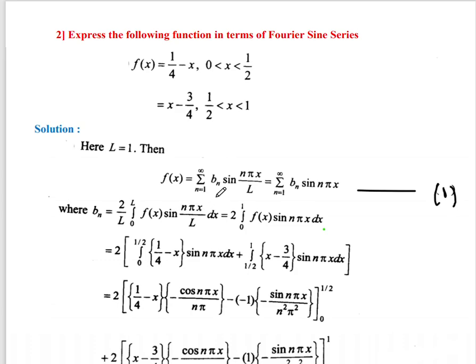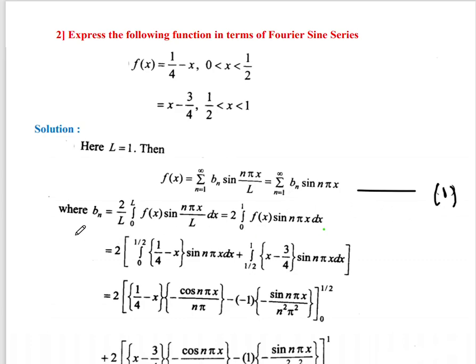That is f of x equal to summation n equal to 1 to infinity bn sin n pi x upon capital L. If you check, this function is an odd function type. So here L is 1. So putting L equal to 1, we get summation n equal to 1 to infinity bn sin n pi x. So this is our main formula.